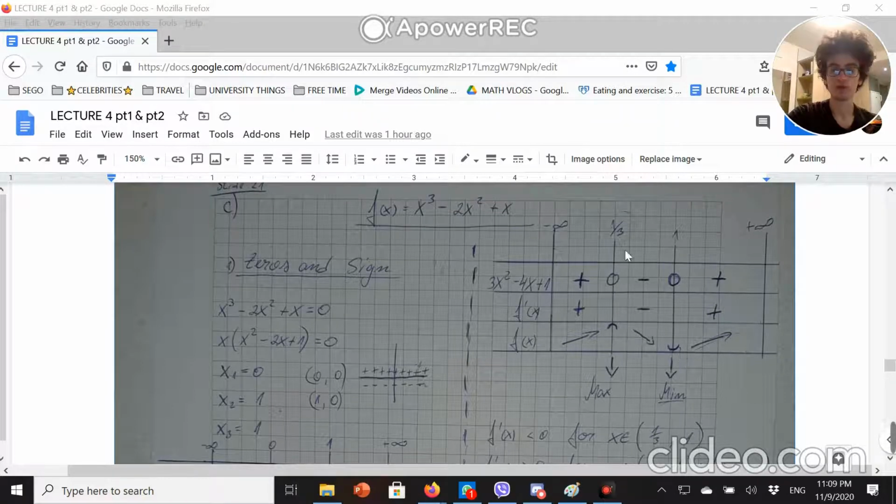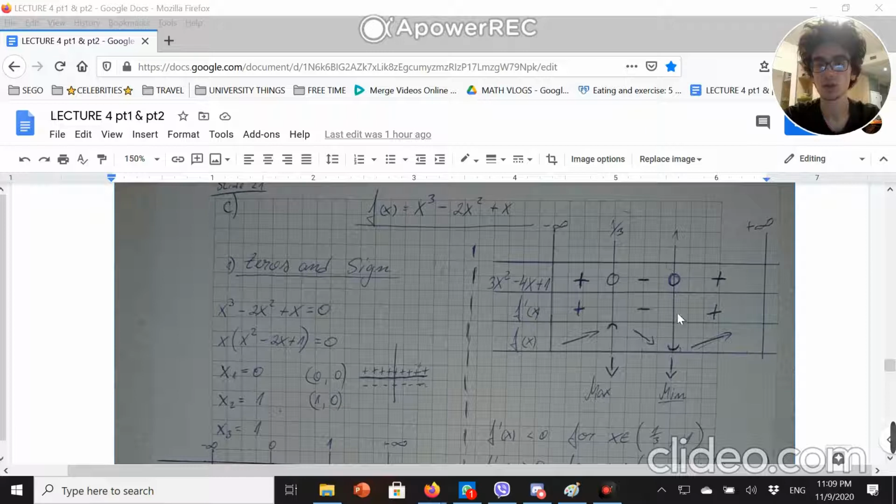In our case, just read it from this table. Where is our max going to be? It's increasing and then it's decreasing. So here is our maximum point. It will be 1 over 3. And then our minimum point is where it's decreasing and then increasing.